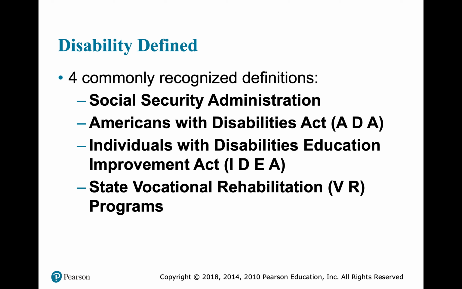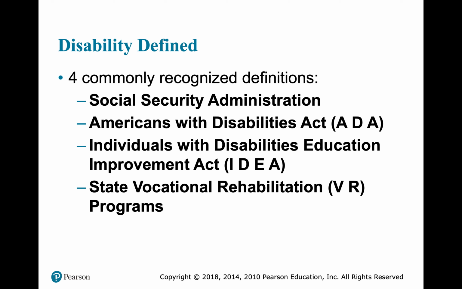Okay, so then the last one is state vocational rehabilitation programs. I skipped one. So the IDEA, Individuals with Disability Education Improvement Act. So this is specifically with kids. So school-age children, disability is defined as a physical or mental impairment that adversely affects their educational performance. So that's kind of the piece there is the education.